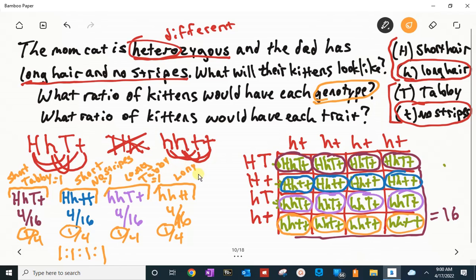So long hair and no stripes. And that's going to be 1. So the ratio is still going to be 1 to 1 to 1 to 1 for the phenotypes. So it's just a coincidence that the genotype ratio and the phenotype ratio are exactly the same. Sometimes these will be different.